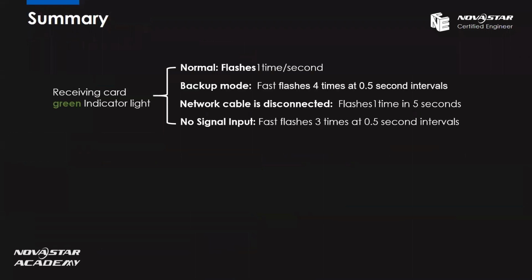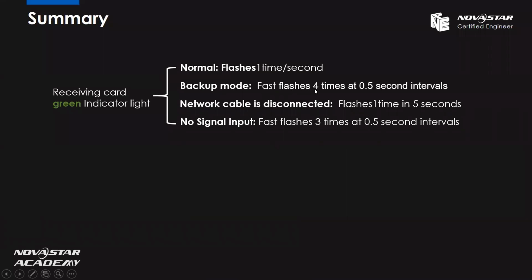Okay, so let me do a summary here today. Today we have learned the receiving card green indicator light. When it works normally, the green indicator light flashes once a second. When our receiving card is in the backup mode, the green indicator light flashes very fast.